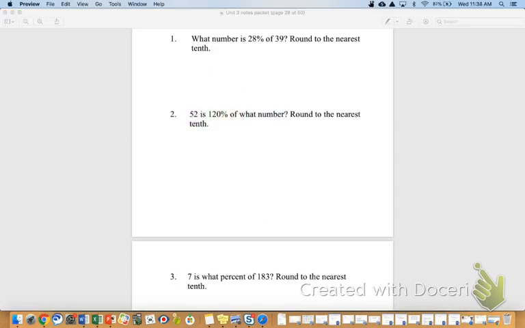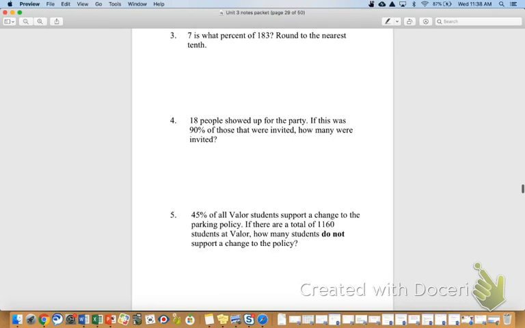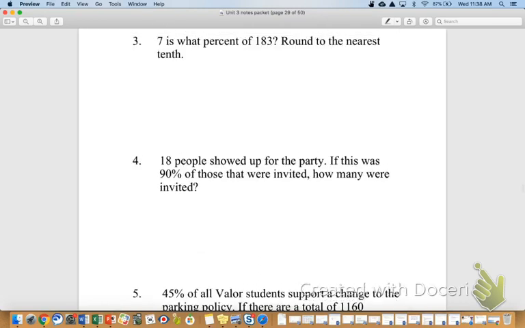How about number 3? This is where I would say if you're used to just pushing buttons on the calculator, number 3 might have been a moment where there was some struggle. You've got to translate this into an equation. So this says 7. So I'm just going to translate that as a 7. And then what does the word is almost always mean? Yep, so I'm going to write 7 equals. This is where my notation is going to be a tad different.